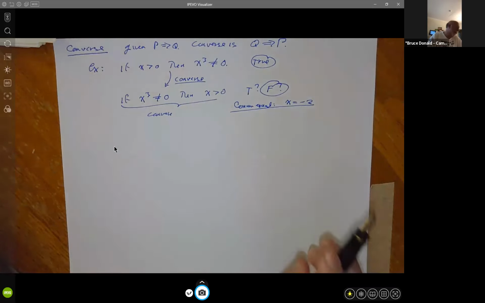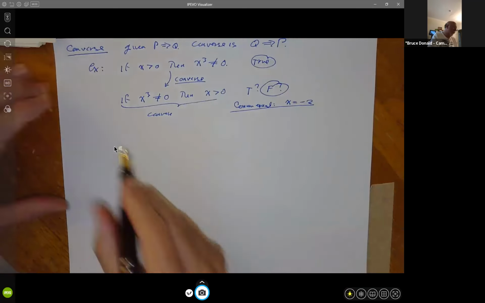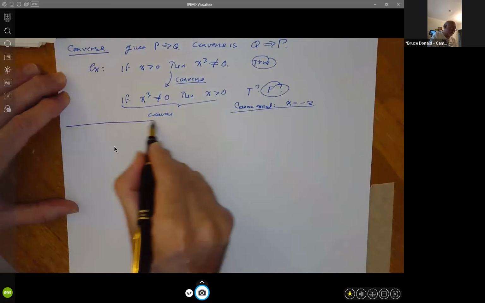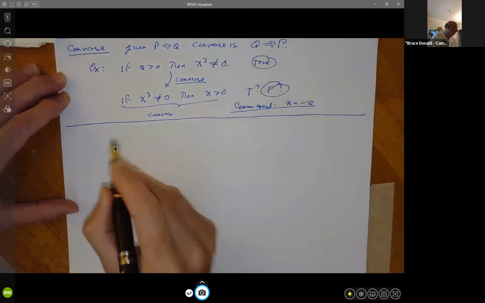So again, a statement and its contrapositive are always logically equivalent. A statement and its converse are not equivalent. The truth or falsity of a statement says nothing whatsoever about the truth or falsity of its converse. You can see an example of that here. But sometimes the statement and its converse are both true, which is a happy circumstance.